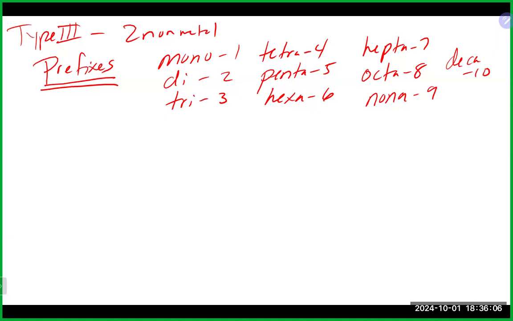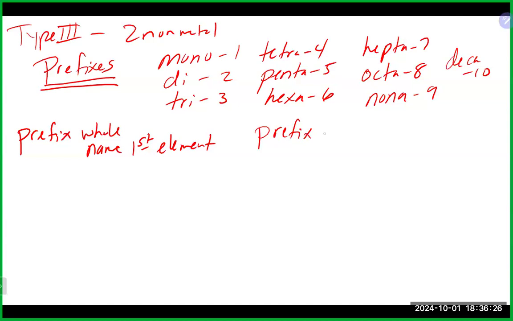For the first element, we use the proper prefix and the whole name of the first element in the formula. For the second element, we also use the proper prefix, and it gets the nonmetal treatment where we drop the last part and put the IDE. So basically: prefix, whole name of the first element, prefix, IDE on the second element, and that is it.